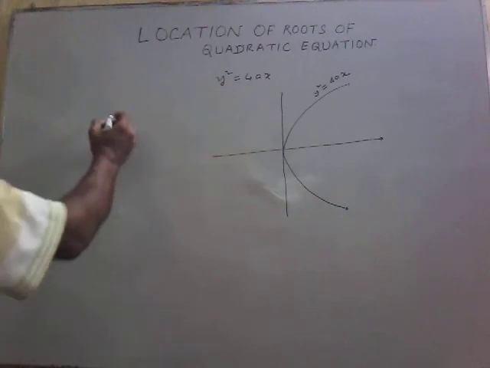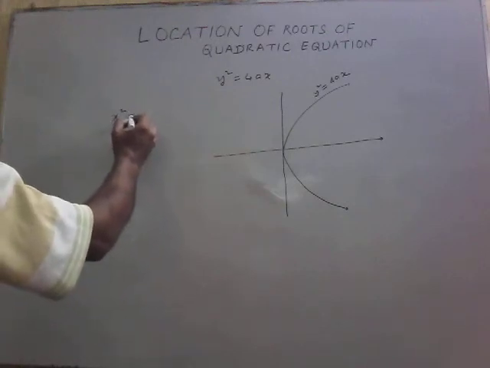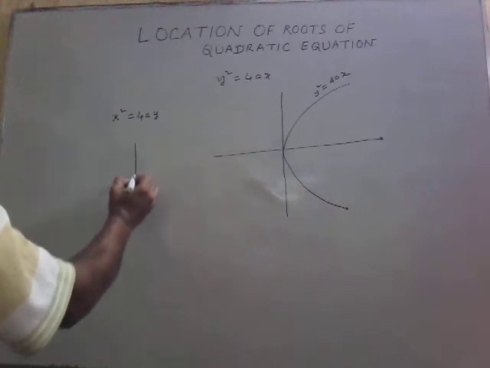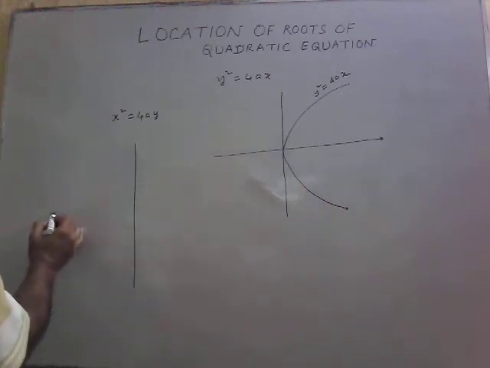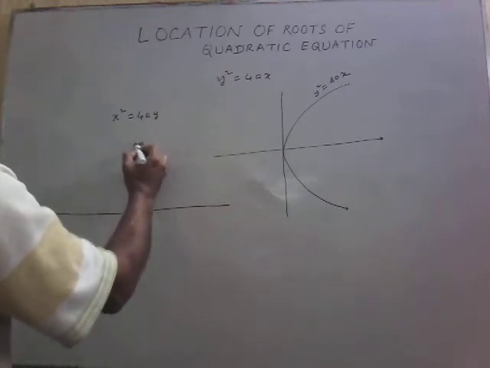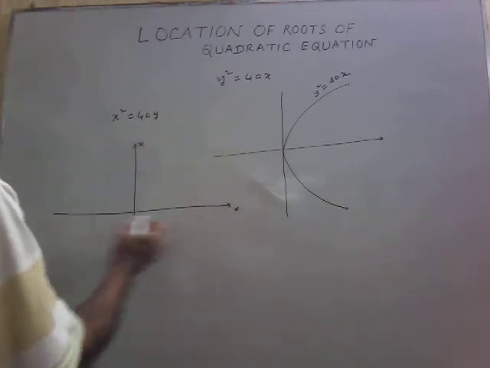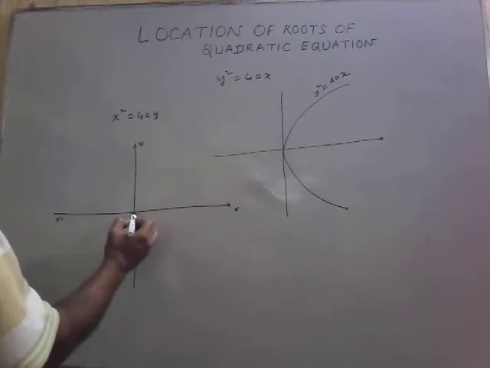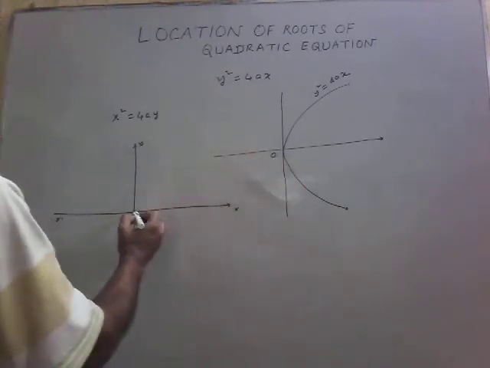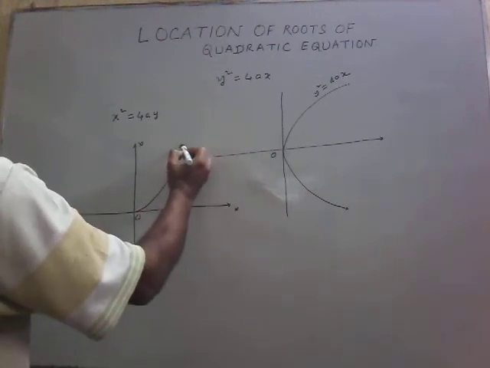Now look, x square equals 4ay. So this is y-axis, x-axis, origin. So figure will be like that.